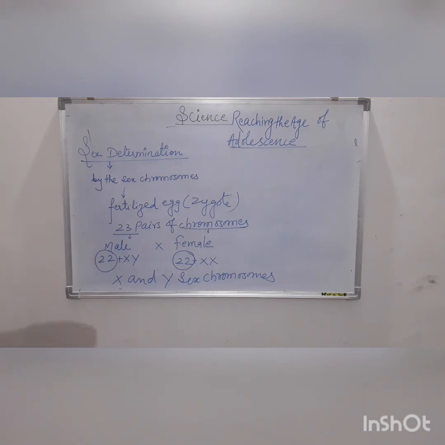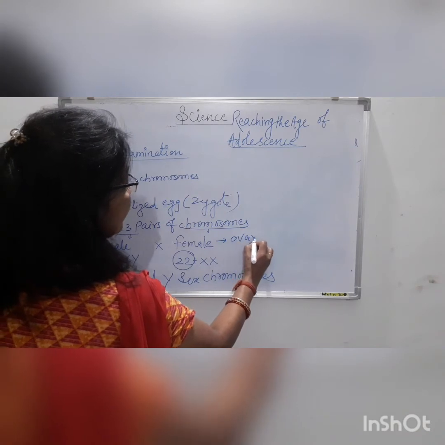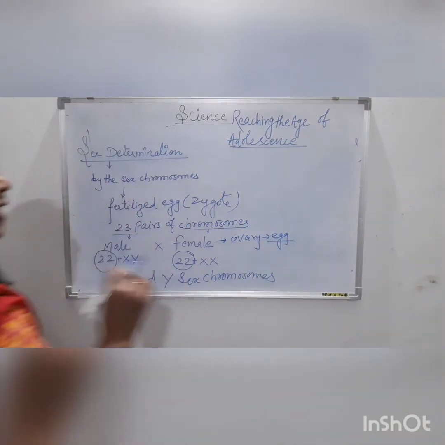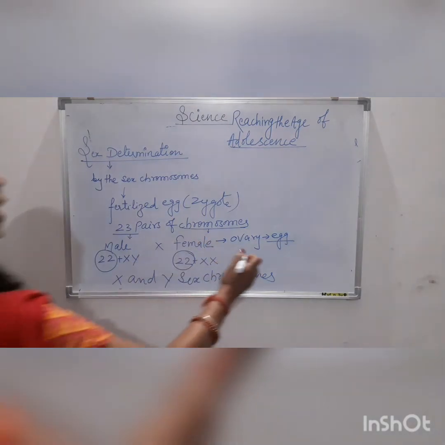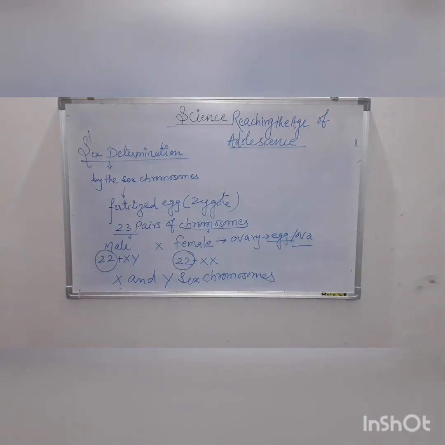As we know, in a female's body, a pair of ovaries is there, and the ovary is responsible for producing the gametes which are called what? Eggs or ova, children. So all the eggs or ova have only one type of chromosome, that is X. This means that all the female gametes have only X chromosome.